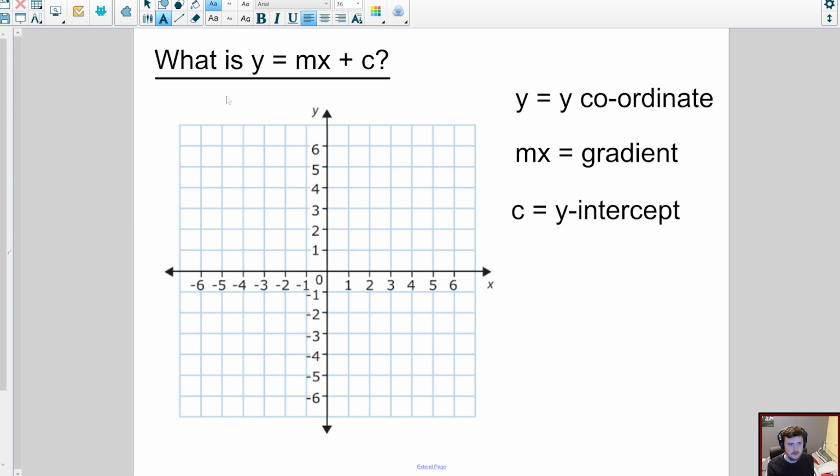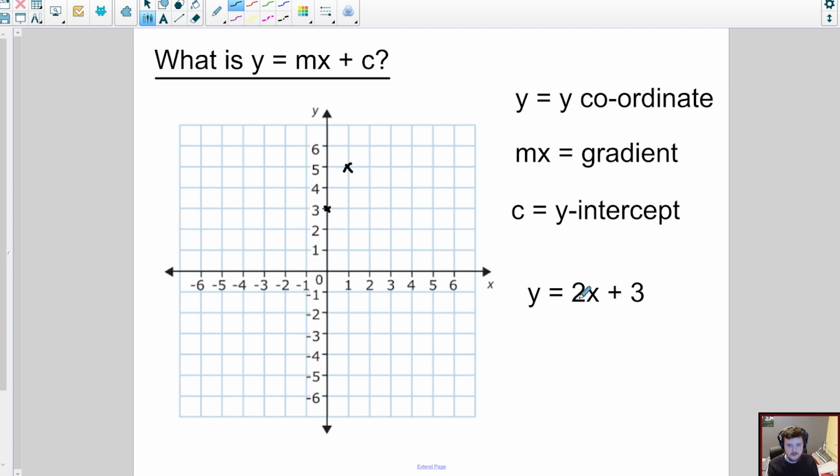So in the example of y equals 2x plus 3, what we'd have is, if x is 0, then 0 times 2 is 0, add 3 is 3. So I'm going to plot that point here. If x is 1, then 1 times 2 is 2, add 3 is 5.